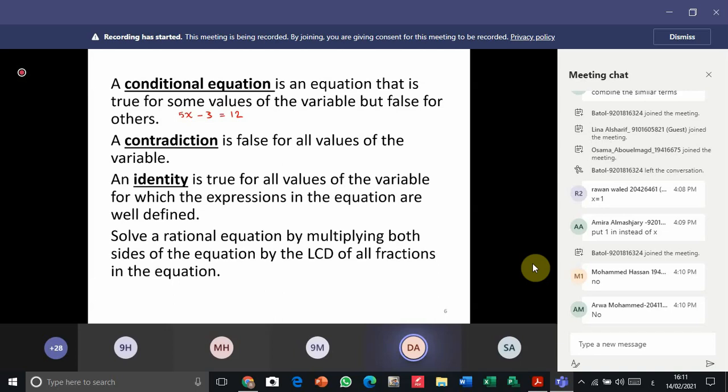Some value is correct and another value of x not correct. Look at this. 5x equal 15, move 3 to the other side, then divide by 5. So x equal 3. So when the value of x equal 3, the equation is correct. If we have another value of x, for example x equal 0, x equal 1, x equal minus 1, this is incorrect. So this is a conditional equation.